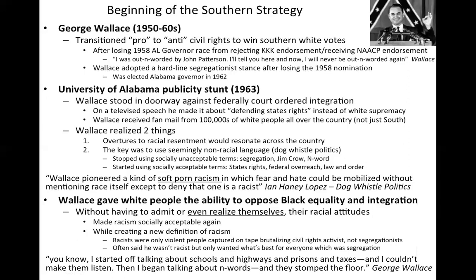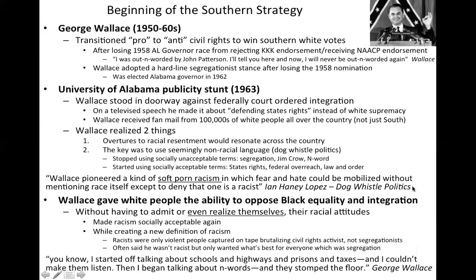Wallace gave white people the ability to oppose Black equality and integration without having to admit, or even realize, their own racial attitudes. This created a socially acceptable racism that white people really jumped at and voted big for Wallace, and for future people that used the same tactic.